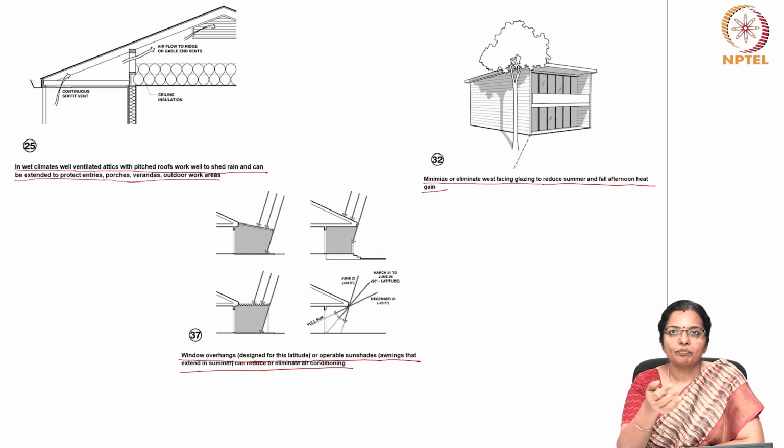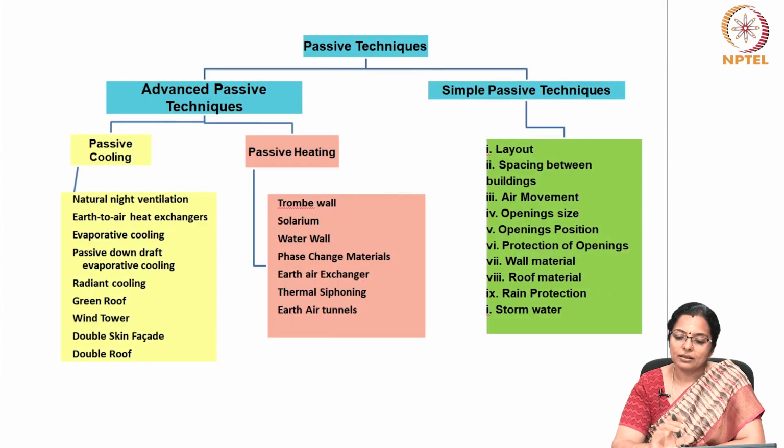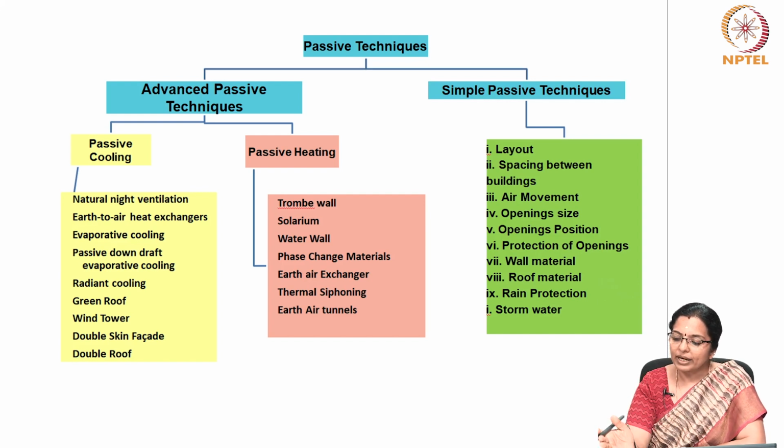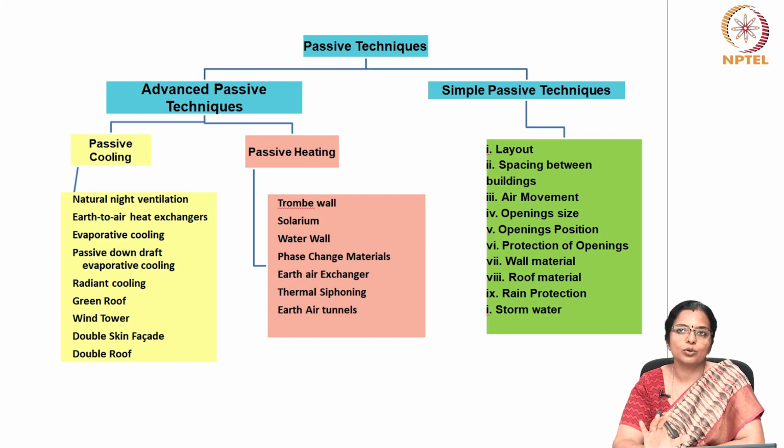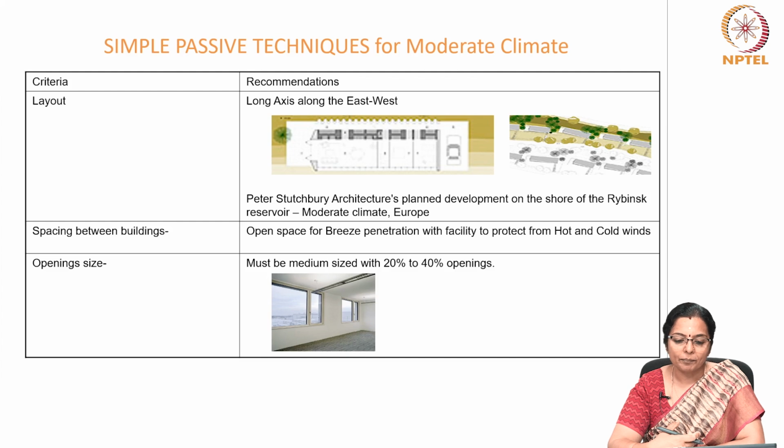Next we will see, now we have seen the passive techniques as advanced passive techniques and simple passive techniques. Let us now look at these passive techniques as adaptable to moderate climate. Whichever is suitable for moderate climate, we will have a look at those strategies.